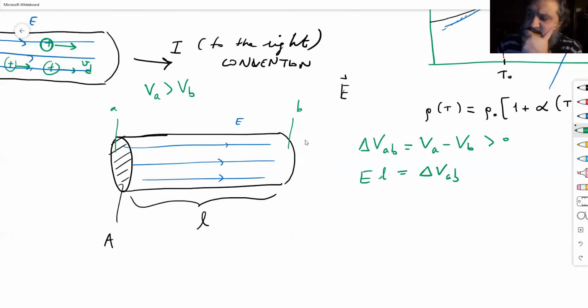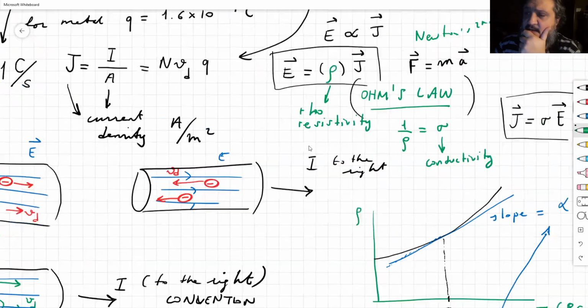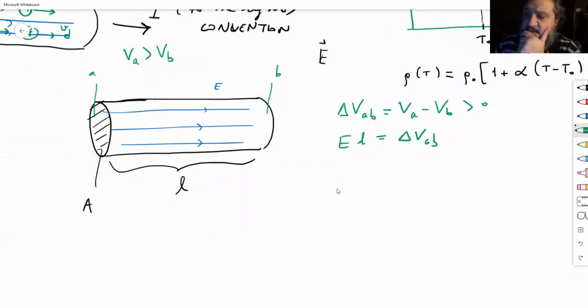All right, so my equation here, Ohm's law, said that the electric field was equal to rho, the resistivity, times the current density. In this case, if the current that flows through this wire is I, the current density is I divided by the area.